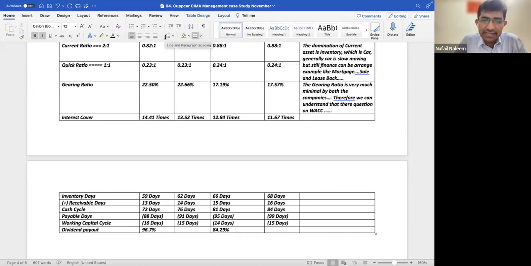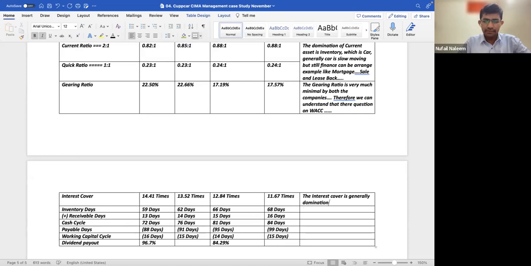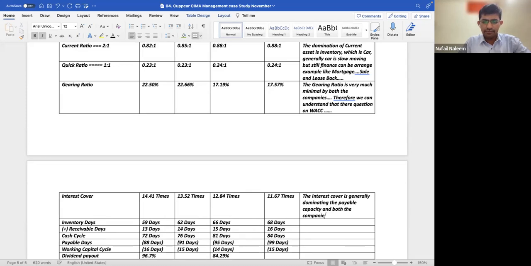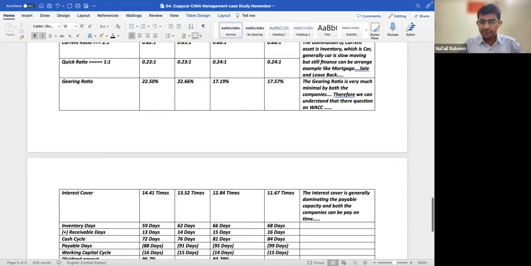Now, interest cover, excellent, for both the companies, the interest cover is dominating the payable capacity, and both the companies can pay on time. So borrowing is not an issue.